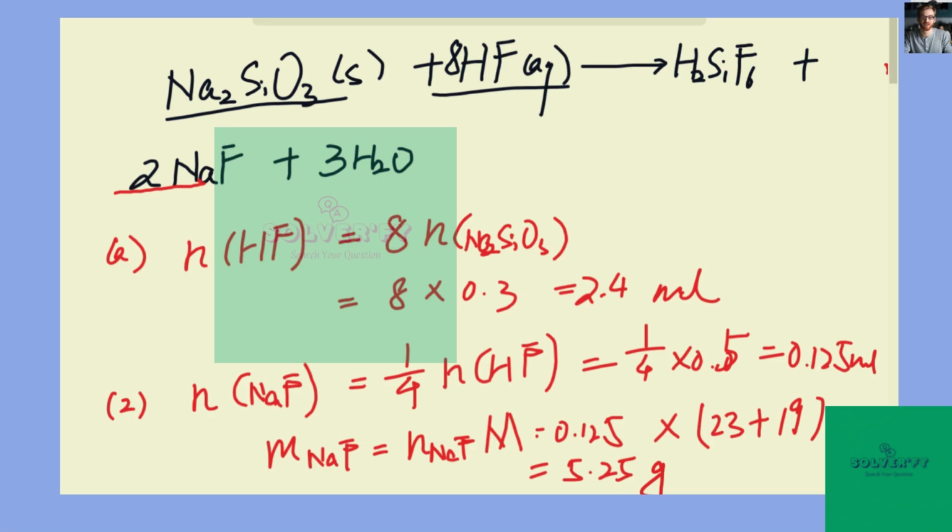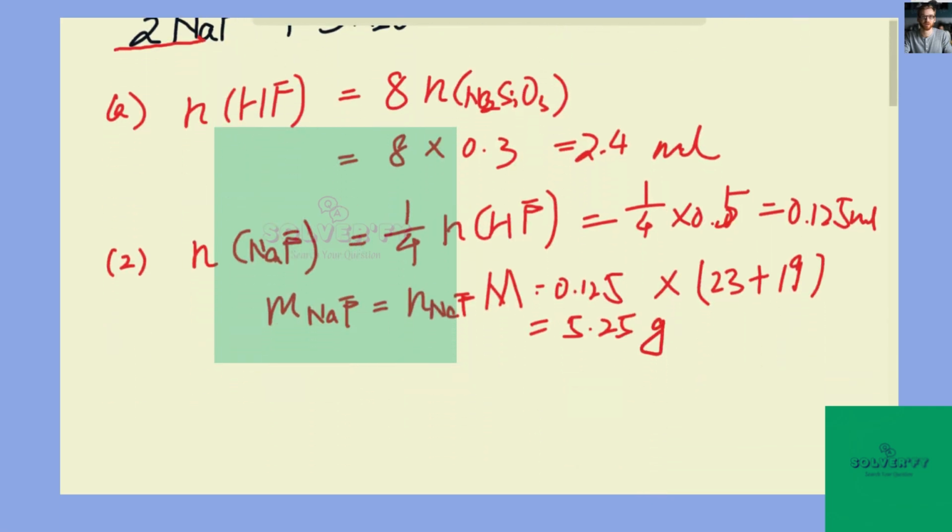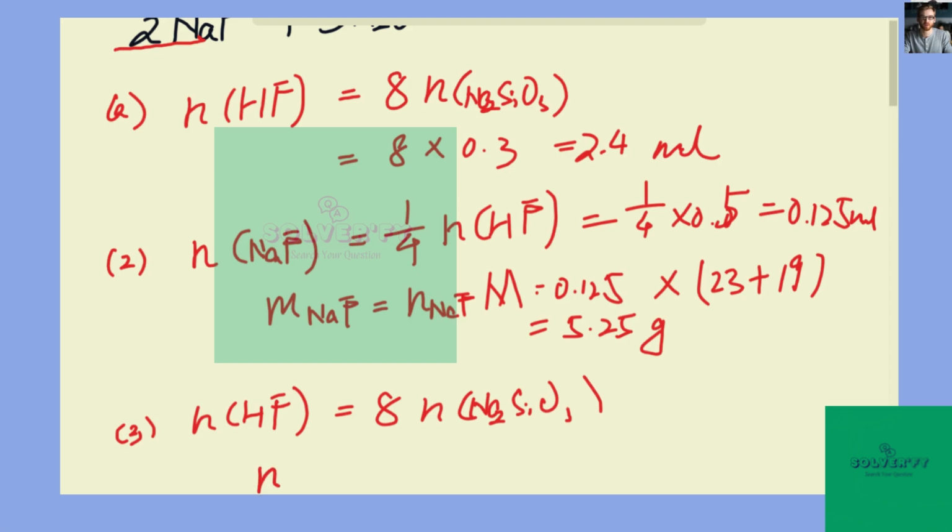And now let's see how many grams of sodium silicate can react with 0.8 grams of HF. As we already know from the first question, the moles of HF equals 8 times the moles of sodium silicate. So the moles of sodium silicate simply equals 1/8 of the moles of HF, which is 1/8 times the mass of HF.